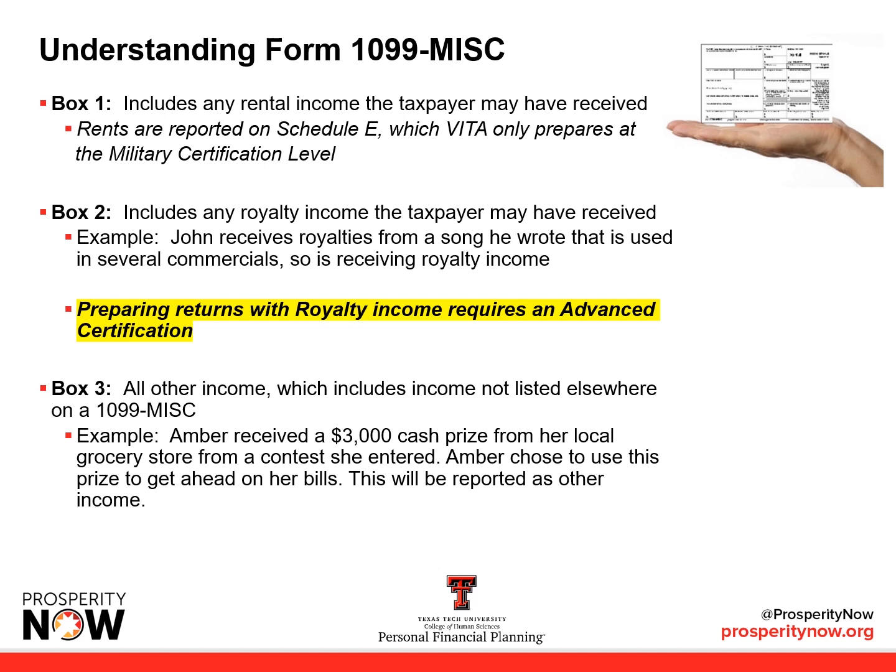All other income, which includes income not listed elsewhere on the Form 1099 miscellaneous, is listed in Box 3. For example, Amber received a $3,000 cash prize from her local grocery store from a contest that she entered. Amber chose to use this prize to get ahead on her bills. This will be reported as other income.